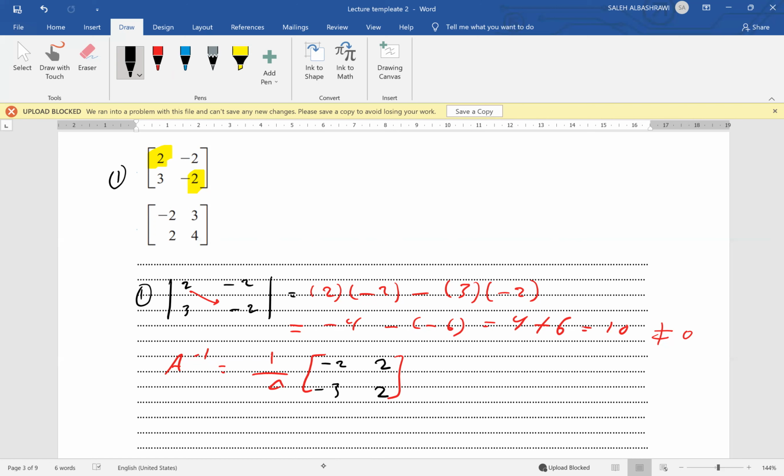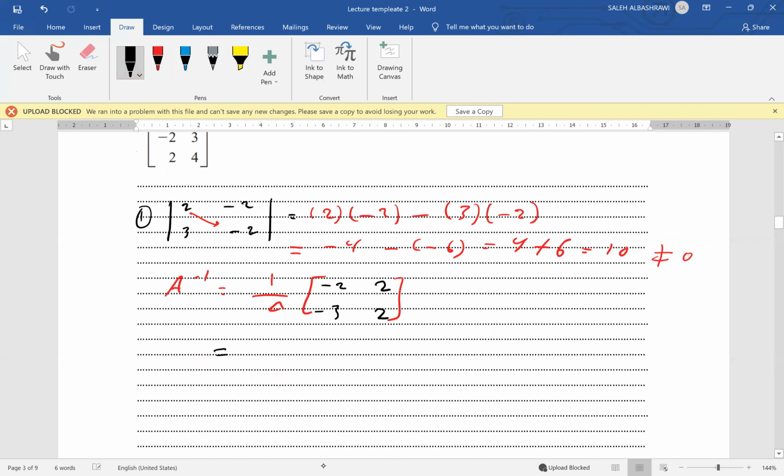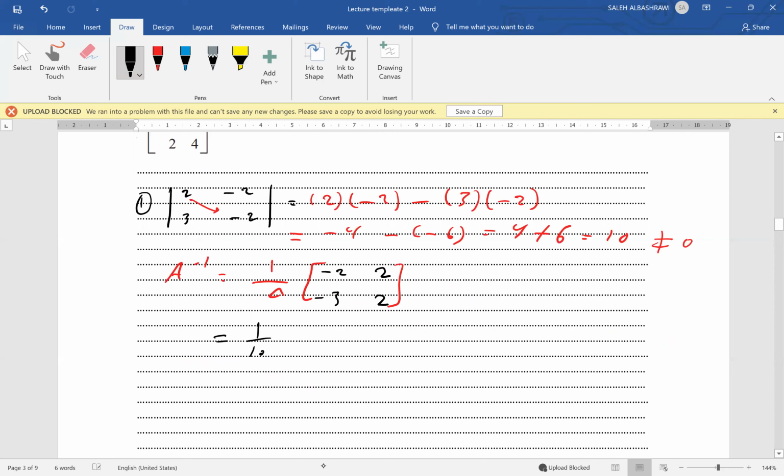I can write it as 1 over the determinant, which is 1 over 10, multiplied by minus 2, 2, minus 3, and 2. In more detail, this will be minus 1 over 5, minus 3 over 10, and 1 over 5, and 1 over 5. So this is the inverse of the given matrix, which I call A.